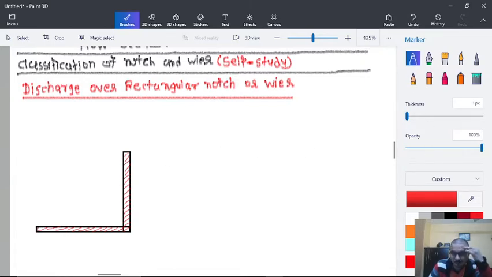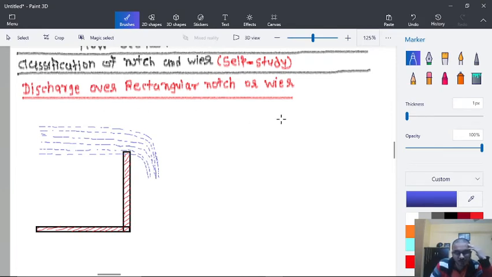So here the water will be flowing above this, in this way.